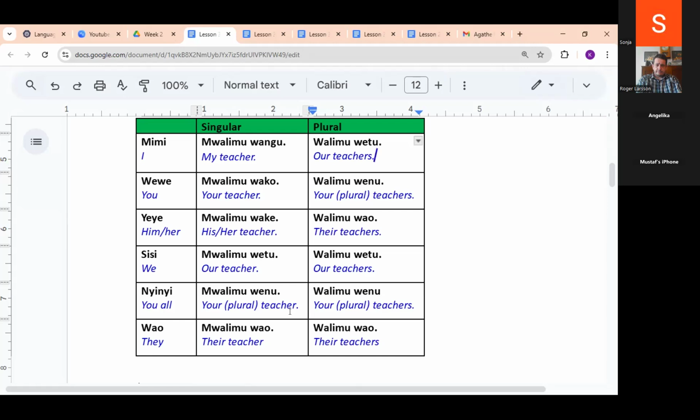What about teachers? Teachers is walimu. Vizuri sana. What about my teachers? Walimu wangu. Yes, vizuri sana.